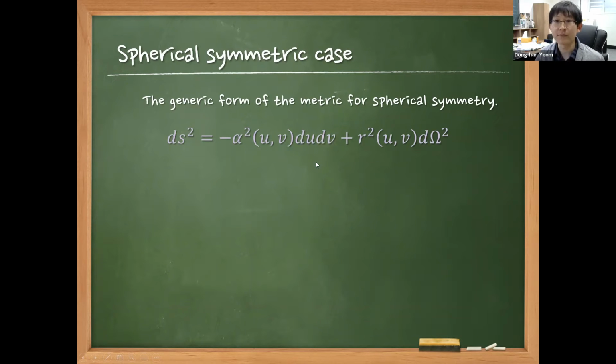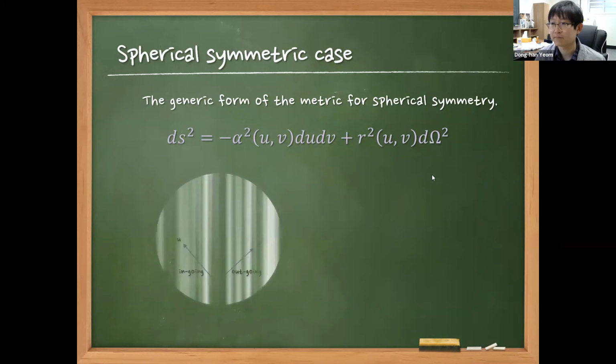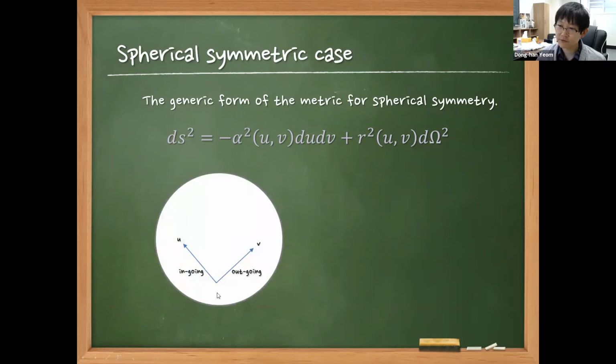So this is the double null coordinate, and then alpha is a function of U and V, and R is a function of U and V. In the space-time, U is the ingoing null direction, and V is the outgoing null direction. But you can always choose this at any time.